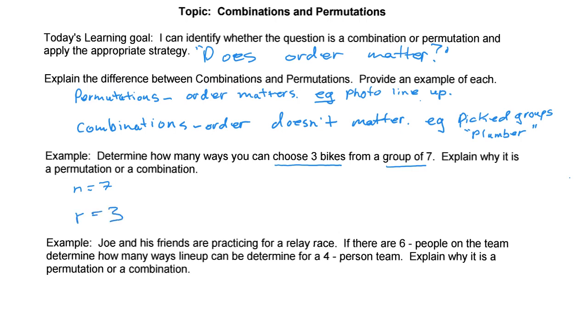We just have to identify whether we're using permutations or combinations. Because we haven't identified that all the bikes are unique, this is a group, right? So we're going to use combinations. So we're going to get C of 7 and 3. Punch that into your calculator and you get 35. Therefore, there are 35 possibilities.